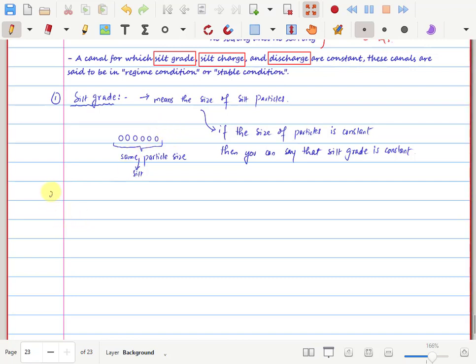And the second term we used is silt charge. Okay, what does silt charge mean?